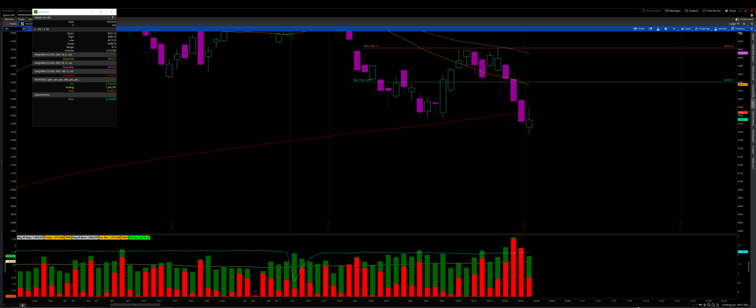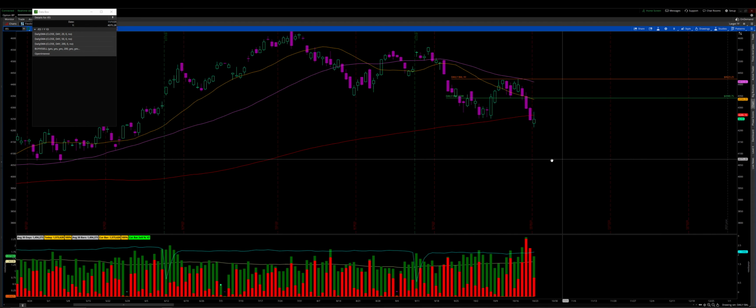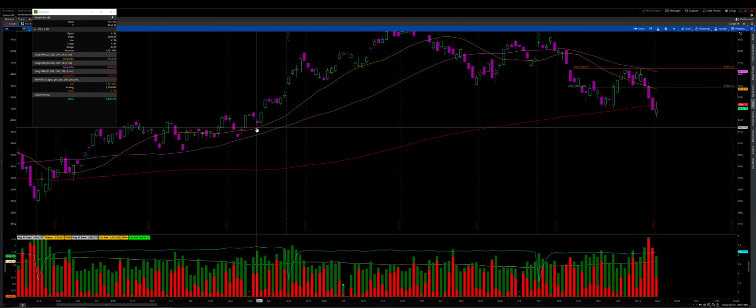Your target on the downside as far as daily lows go, besides today's daily low, would be this daily low, 41.78, back from June 1st. That would be the next daily low. So that is a target.